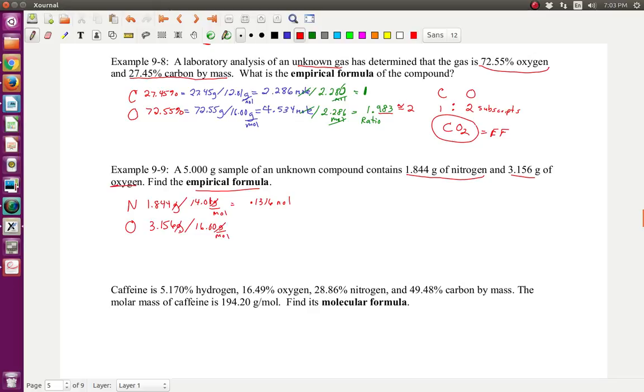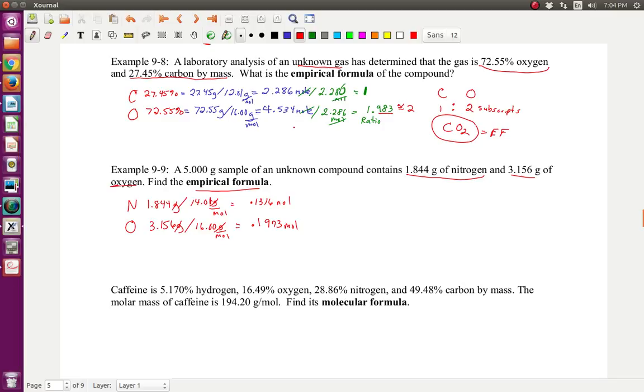The grams cancel, and I end up with 0.1973 moles, which is really small. It's fine, but if you look at it, 1 mole of nitrogen is 14 grams. I only have 1.8. I have a very small amount. And 1 mole of oxygen is 16, and I have only 3. So that's why the amount of moles is so small.